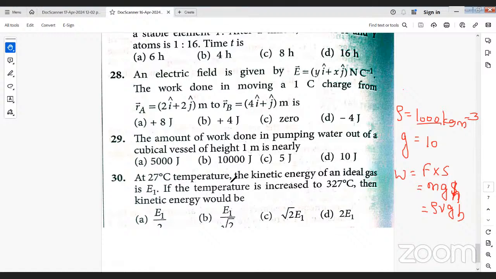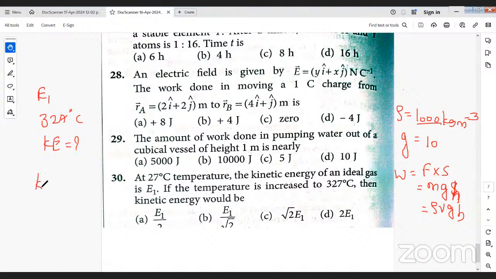At 27 degrees Celsius temperature, the kinetic energy of an ideal gas is E1. If the temperature is increased to 327 degrees Celsius, then the kinetic energy would be.